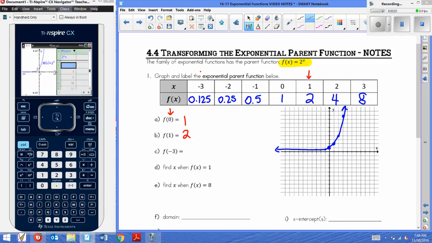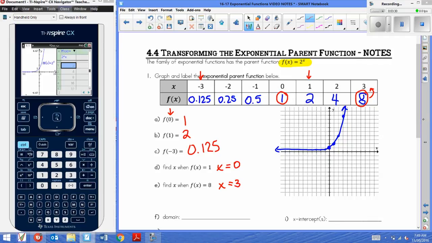Our x value of negative 3 gives us a y value of 0.125. D says find x when y, or our output, is equal to 1. So where is our output equal to 1? When x is 0. And how about our output of negative 8? What is our input, or our x value? That happens to be 3.